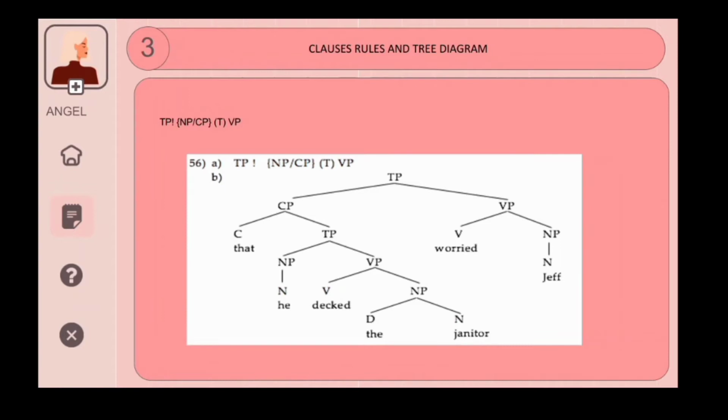Next rule is TP, the tense phrase, as NP or CP, and then T, the auxiliary verb, and the verb phrase. We are allowed either NP or CP to use.